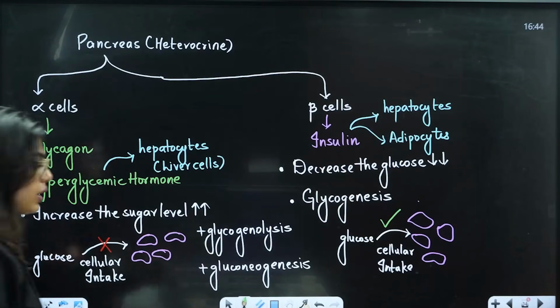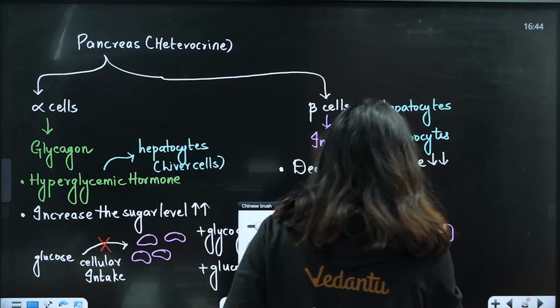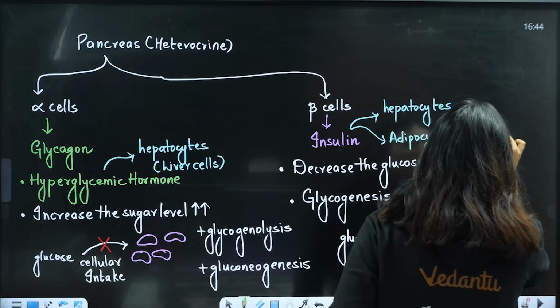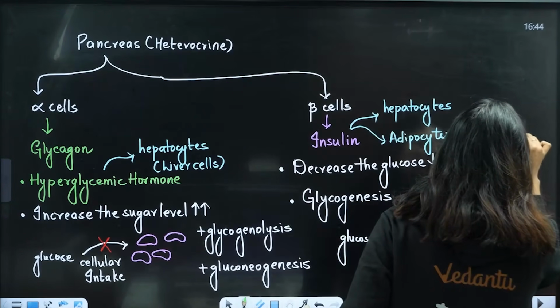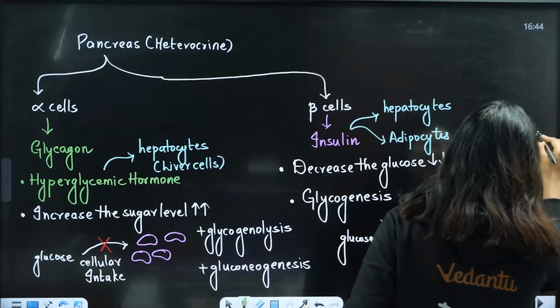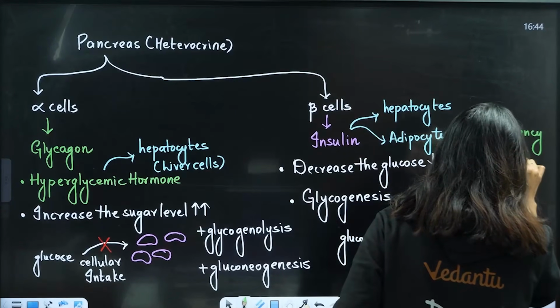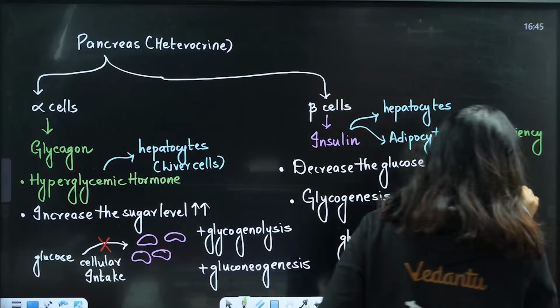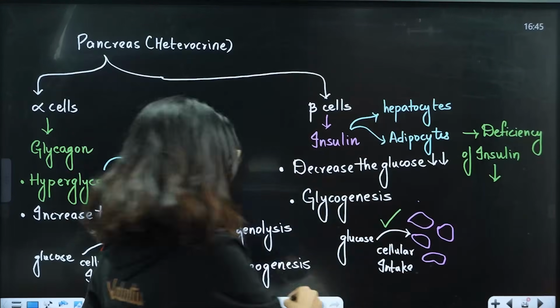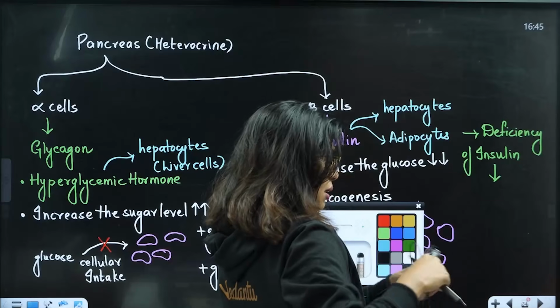Understood this one? Okay. Now students, remember, if the person's body has a deficiency of insulin, then the person will have diabetes mellitus.